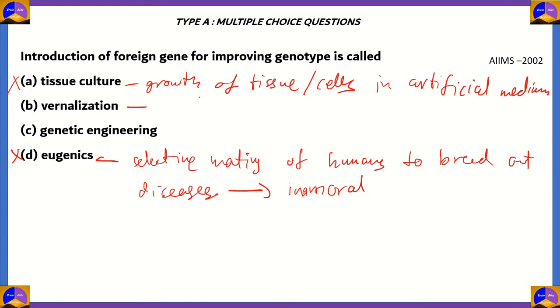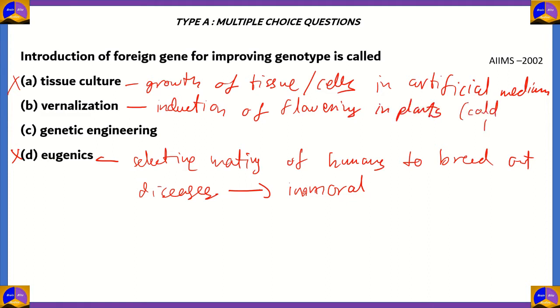Vernalization is defined as the induction of flowering process in plants, and this is preferably through cold therapy. So what happens is that the flowers bloom after the winter season. Either they put the plants in winter season, or they create artificial coldness, so that induces the flowers to bloom. So option B, vernalization, is also incorrect according to the question.